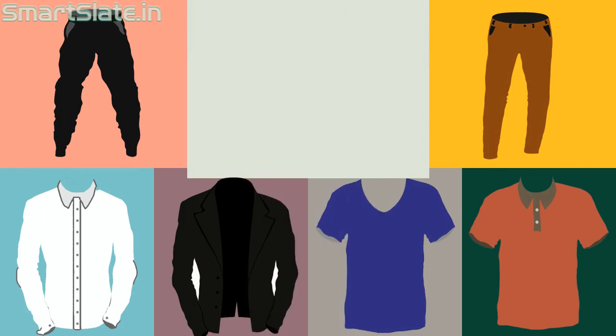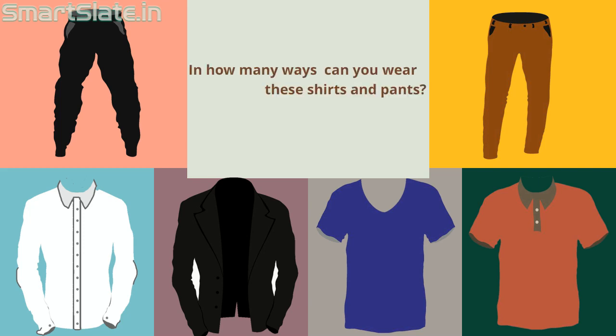Let's take one more example. You have 2 pants, black and brown, and you have 4 shirts: white, black, blue and red. In how many ways can you wear these pants and shirts?